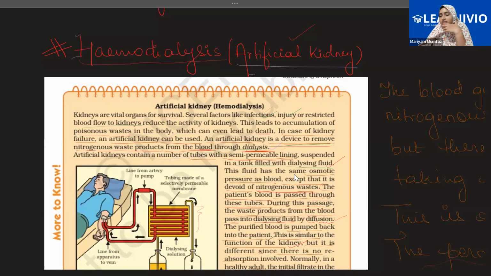Why not a permanent one, students? Why is it a temporary fix? Because that could fail too. Well, let's just say it's not failing. It's a perfect thing. The procedure is perfect. Then why is it a temporary fix and not a permanent one?